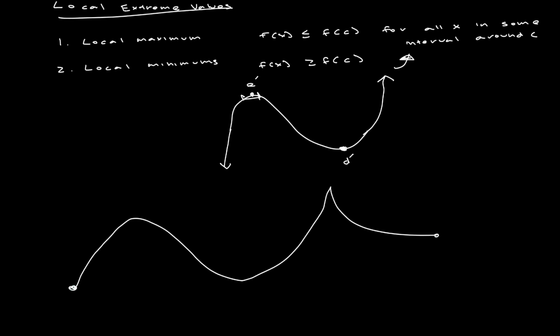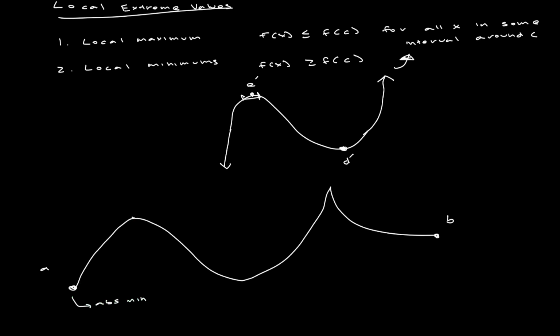So let's call this point B, and let's call this point A, and we're only worried about the interval between them. And let's say that the function is defined and continuous on all of this interval. We can call this point an absolute minimum because the function takes on its lowest value at this point.